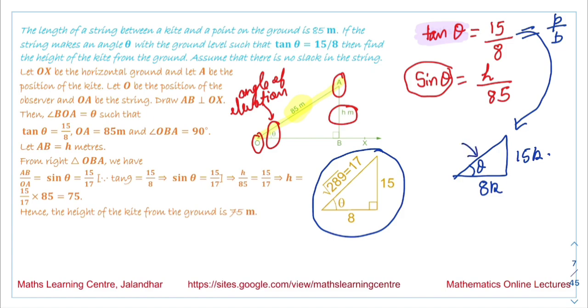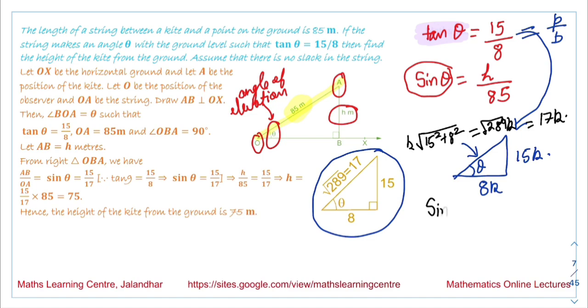So we have to calculate this third side. The value of this third side will be the square root of 15 square plus 8 square, and the answer you will get is the square root of 289k, which is equal to 17k.